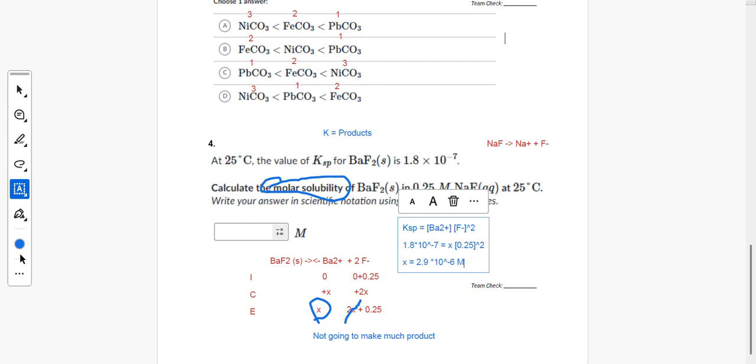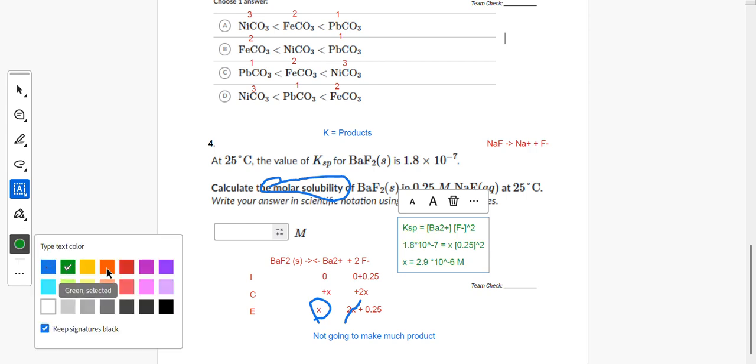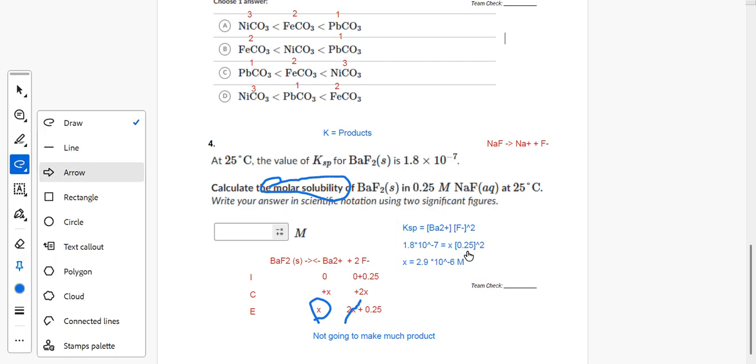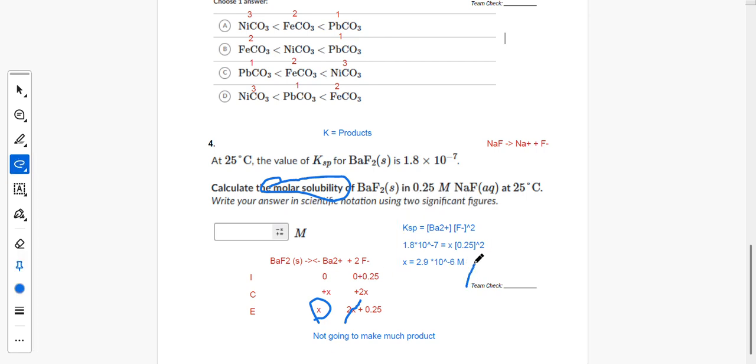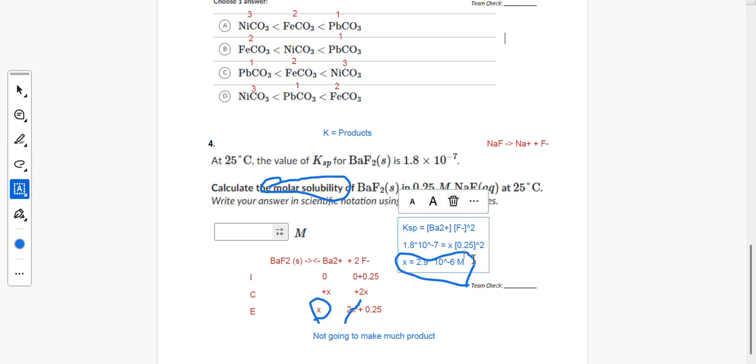That's it. 2.9 times 10 to the negative 6 molar.